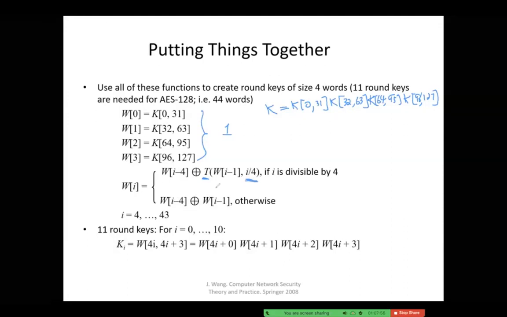Otherwise, you just take W_{i-4} exclusive OR W_{i-1}. So that's how it is defined. Finally, we then have the 11 round keys defined in this way. So let me now remove this. We can move on to the next slide.